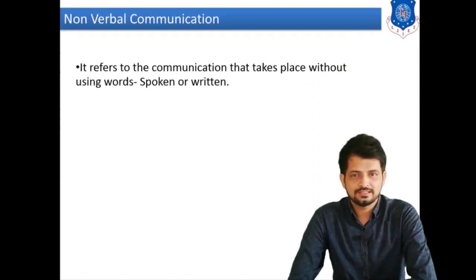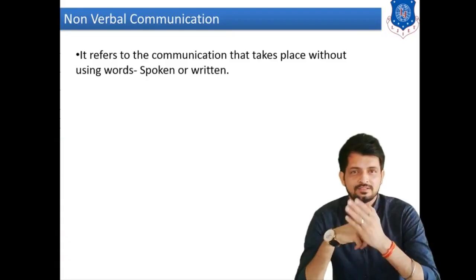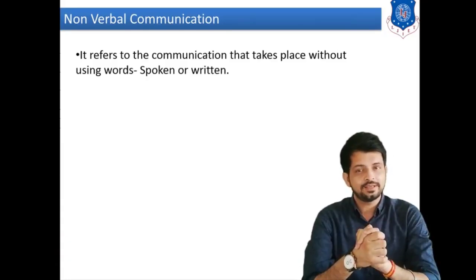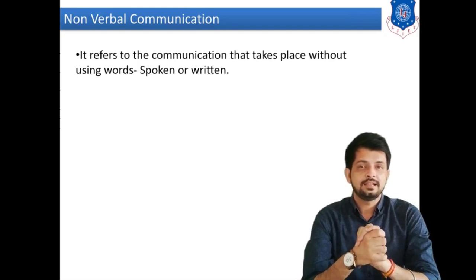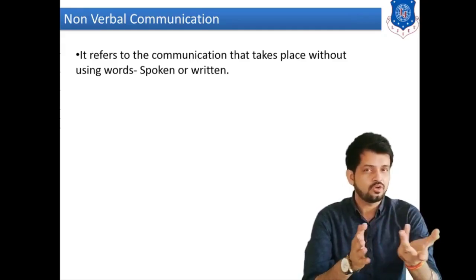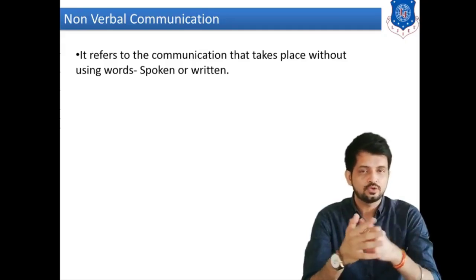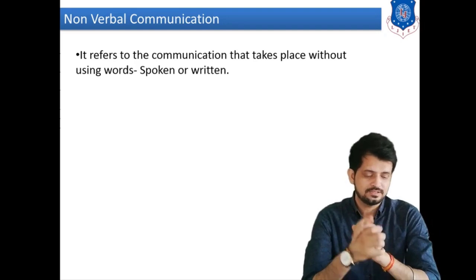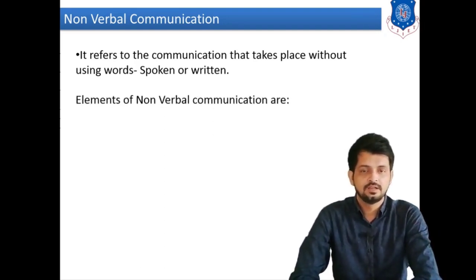Okay. So let us study this theoretically. Now what is the meaning of non-verbal communication? Basically it refers to the communication that takes place without using words. The words spoken or written, both we are not using. We are using actions, gestures, and symbols. This type of communication is known as non-verbal communication.